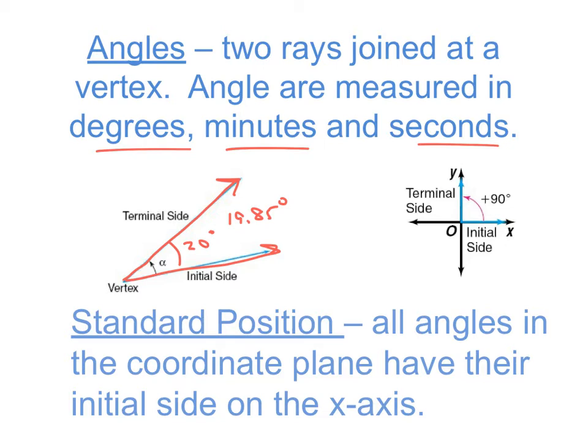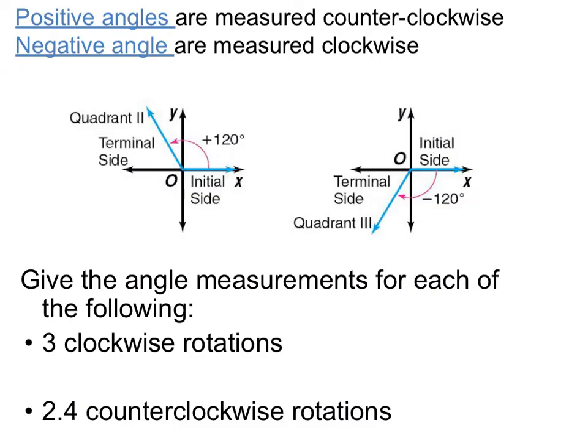We are going to standardize how we are drawing our angles. So 0 degrees is always here at the positive x-axis, and I'll show you about negative and positive angles in a second. Standard position always has the initial side right there on the positive x-axis. Positive angles are measured counterclockwise, and negative angles are measured clockwise.